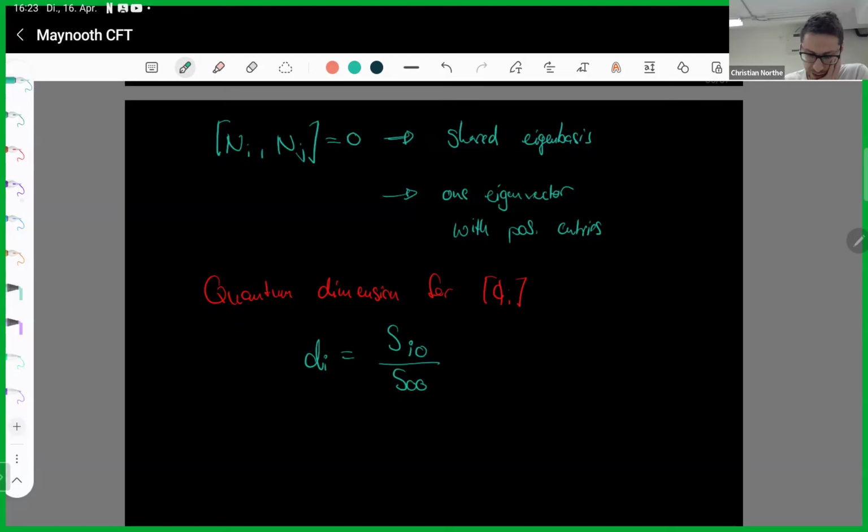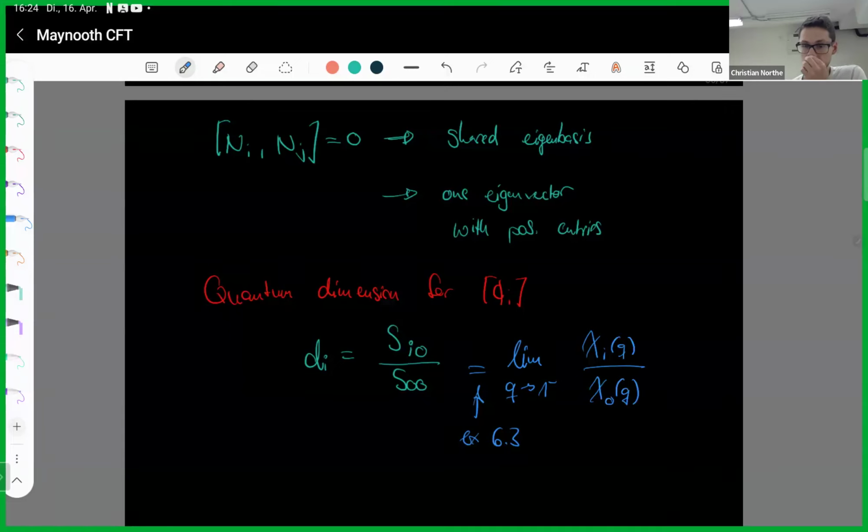And there's an exercise 6.3, where you think a bit about quantum dimensions, and you show that it's related to characters in this fashion. All right, so this is as far as I wanted to get.